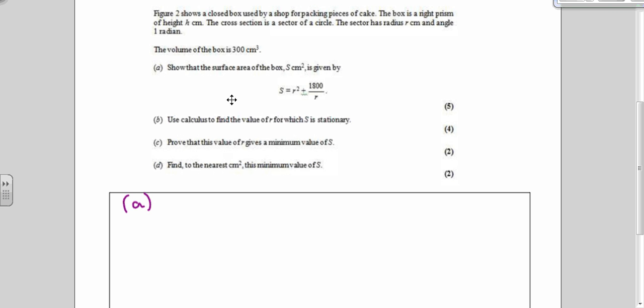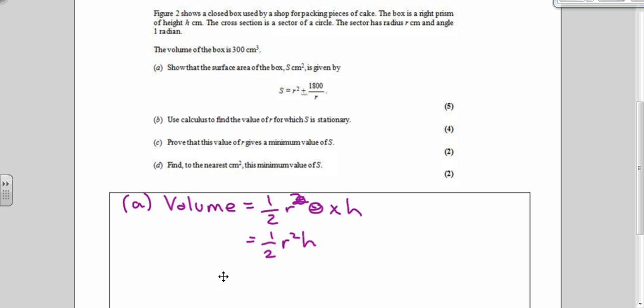So we know what the volume is. The volume is 300 centimeters cubed. So that means that the volume, which is given by a half r squared theta times h, because it's h high. We know that theta is 1 radian, so that'll be equal to a half r squared h.